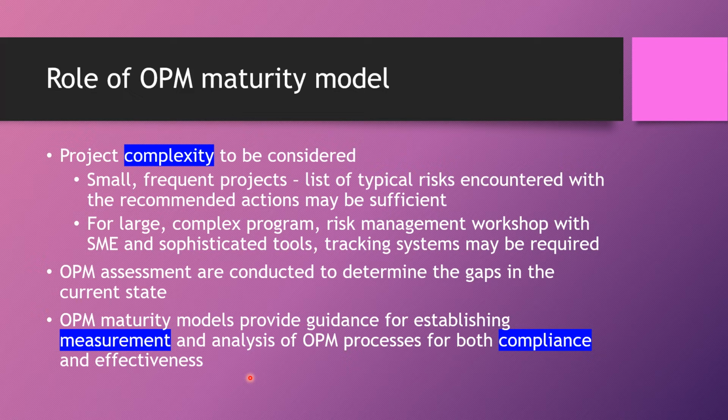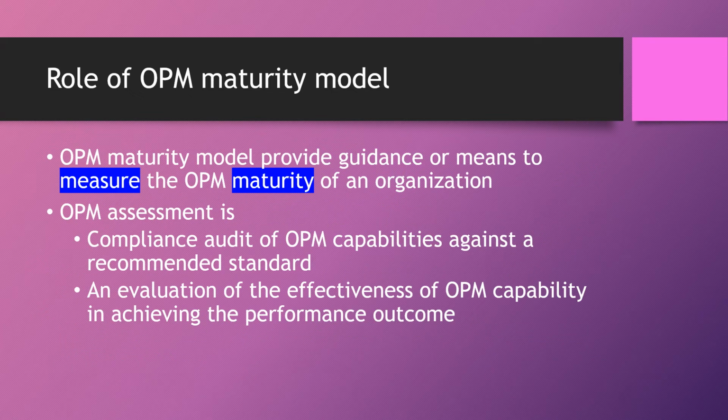The OPM maturity model should provide guidance to the measurement system, to ensure that the processes are analyzed in terms of both compliance and effectiveness. And the OPM maturity model should provide guidance or a means to measure the OPM maturity of an organization. Your model should help you measure the maturity of an organization. Your measurement system of the maturity model should not guide to a wrong maturity.